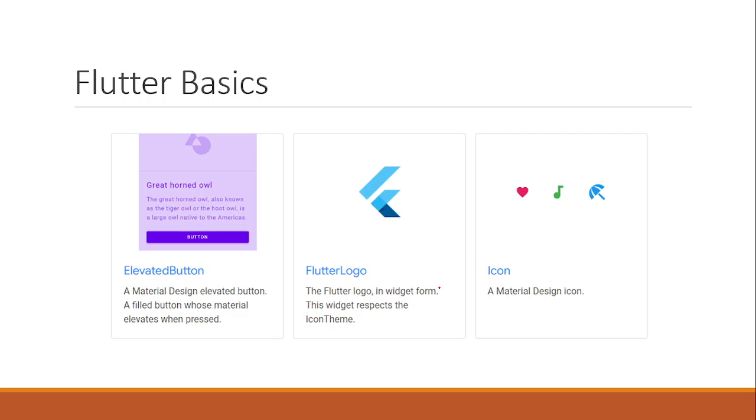So this icon widget is like that. The material design icons, meaning material design provides their own widget icons, that is specifically used for Android. So these icons, the heart, the music, and the umbrella, are all provided by material design.